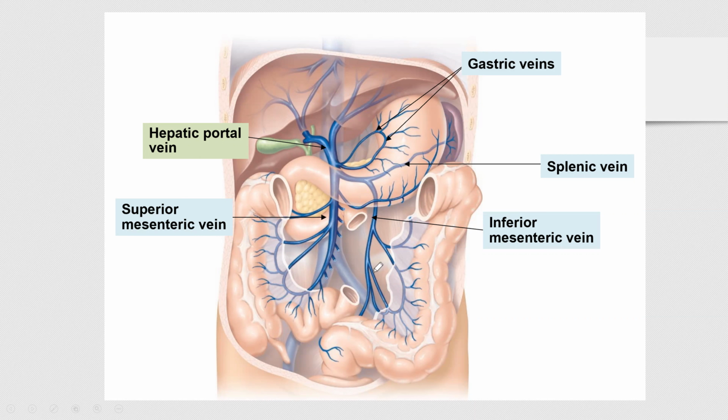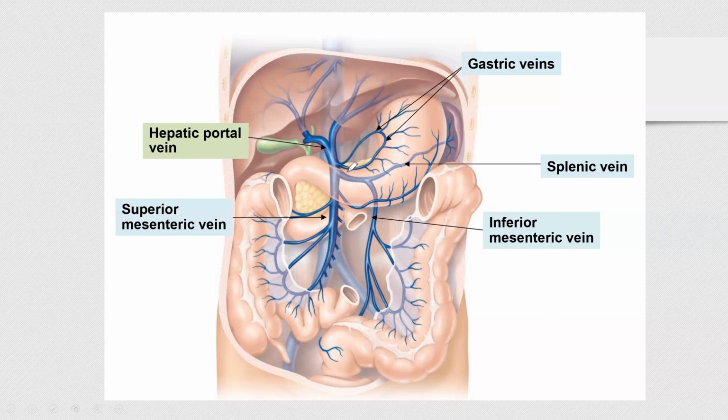So we have our inferior mesenteric vein, we have superior mesenteric vein, we have our gastric veins, we have splenic veins. So you see they are all in blue. So that means they do have corresponding arteries.